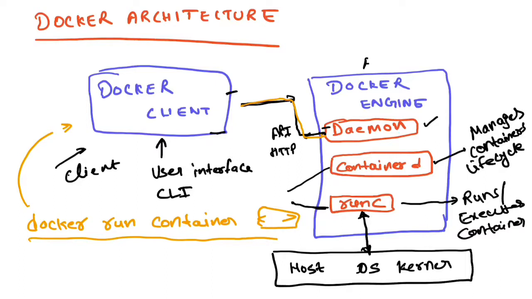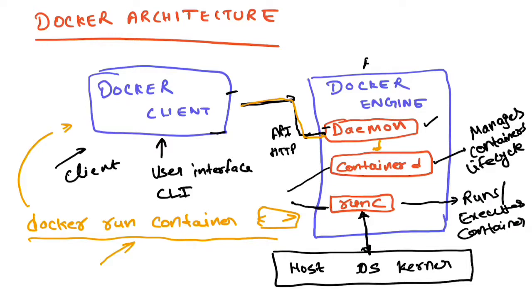Once the daemon process receives the instructions, it understands what it needs to do. It understands that you have passed the command to run a container, so it will invoke containerd, saying that I need to create a container. So containerd will just initiate the instruction of creating the container, and then from there onwards it will manage the life cycle of that container. containerd receives the instruction that a container create command has been received.